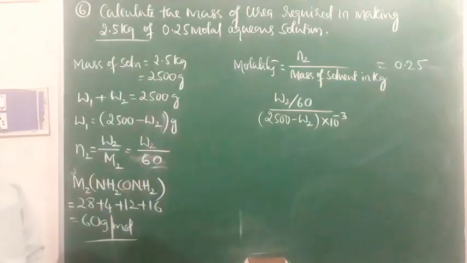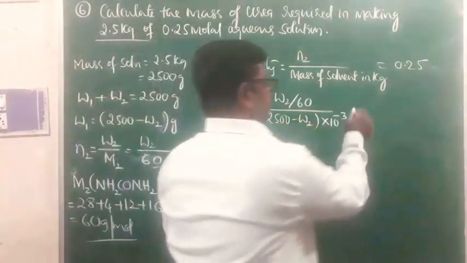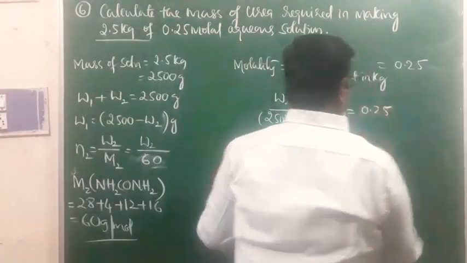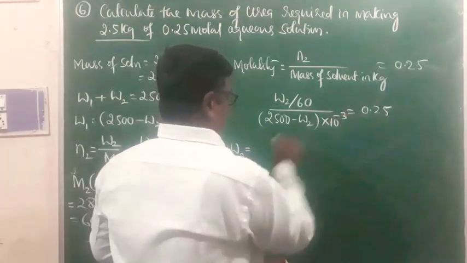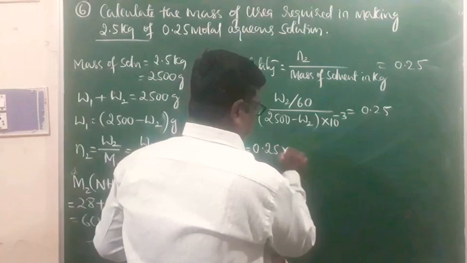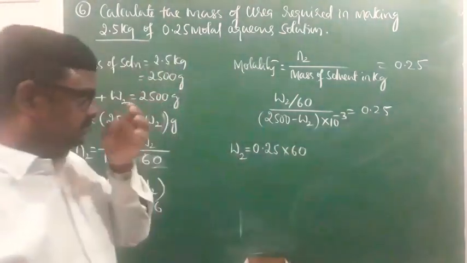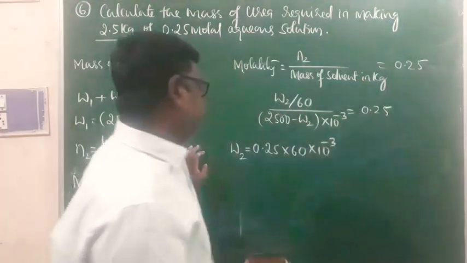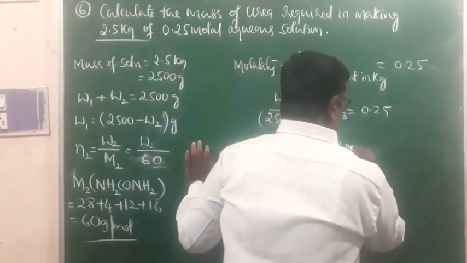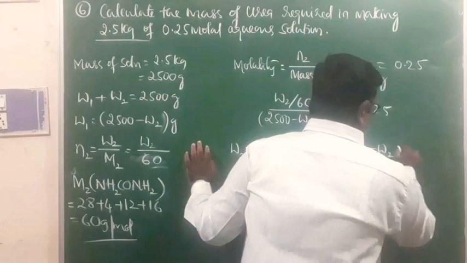This is in grams, we converted it to kg. That equals 0.25. Therefore W2 is equal to, cross multiply everything, 0.25 into 60, okay, into 10 to the power of minus 3, right, into 2500 minus W2.